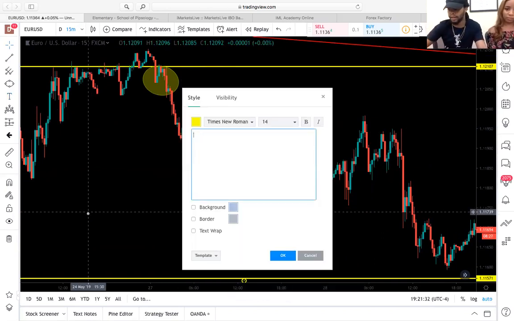I want you to write this down, take your notes. You want to find structure: higher highs, higher lows, lower lows, lower highs. You want to see a break of structure.